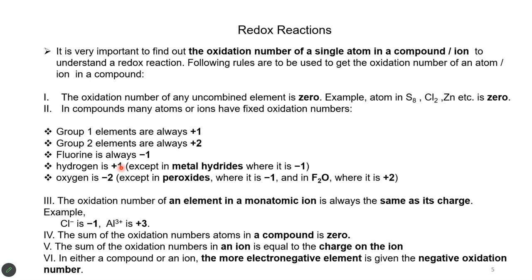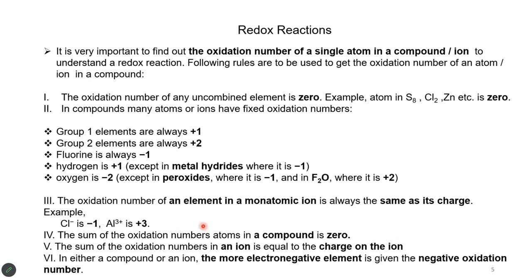The oxidation number of a monoatomic ion is its charge. For example, chloride ion, its charge is -1, and therefore its oxidation number is -1. Aluminium 3+, its charge is 3+, and therefore its oxidation number is +3.